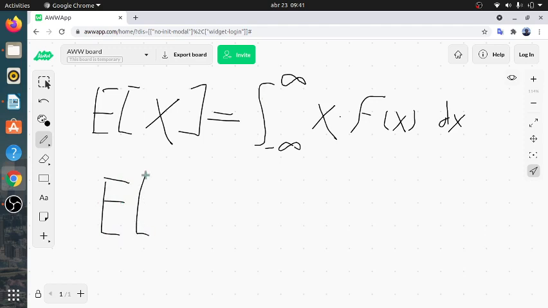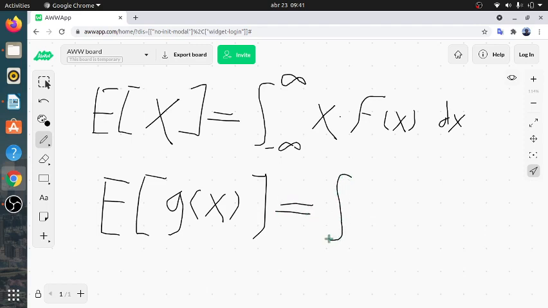The expected value of a random variable composed by a function g is defined as the integral from minus infinity to positive infinity of the function that we are composing, times the original distribution function.